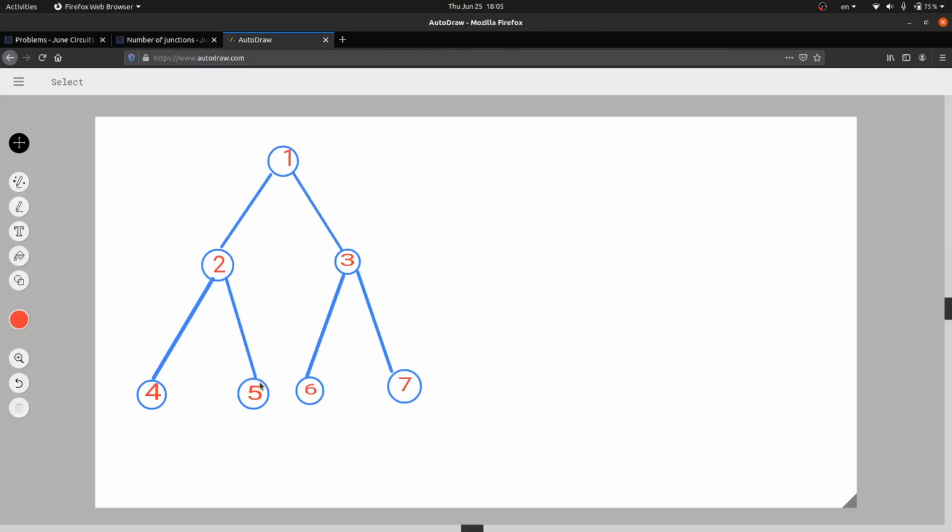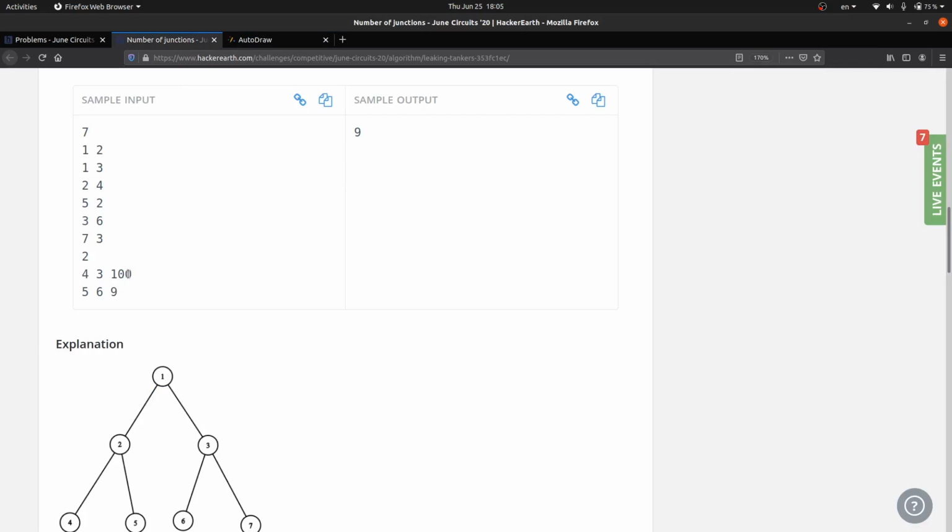So suppose one tanker starts from here and it has to go to 3, so it will go like this. It is also given that on every edge of this path it will spill some oil. Initially it has 100.